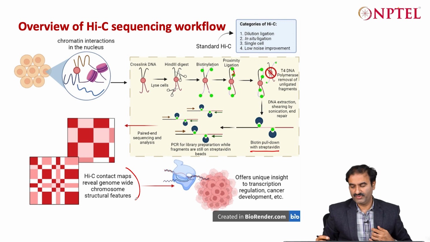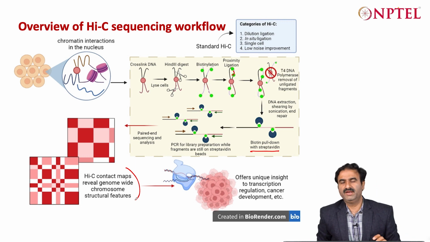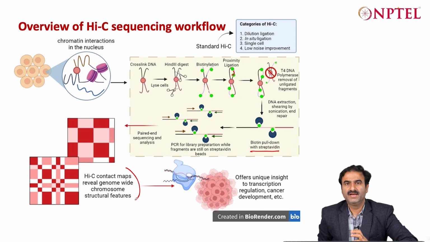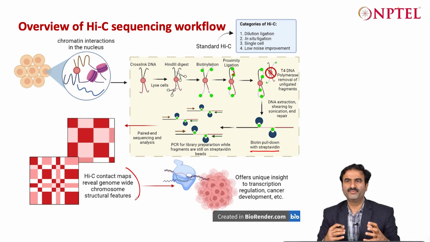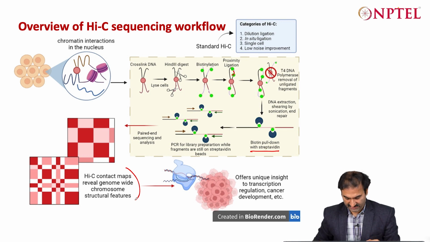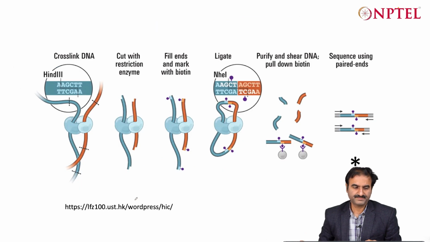So this offers a very good method to get real information about how the chromatin is organized in the cell, and their contact information will help to place the scaffolds that we get from the previous assembly in relative order and connect them in the form of a chromosome.